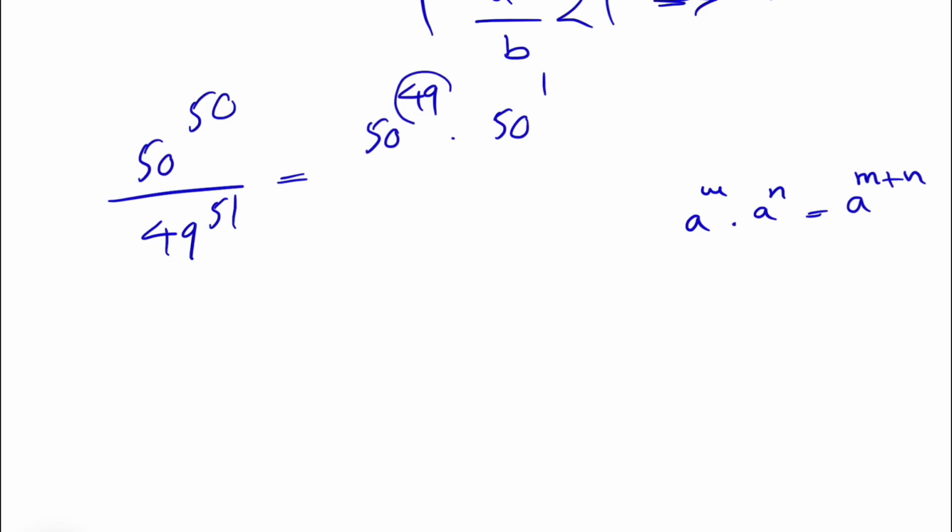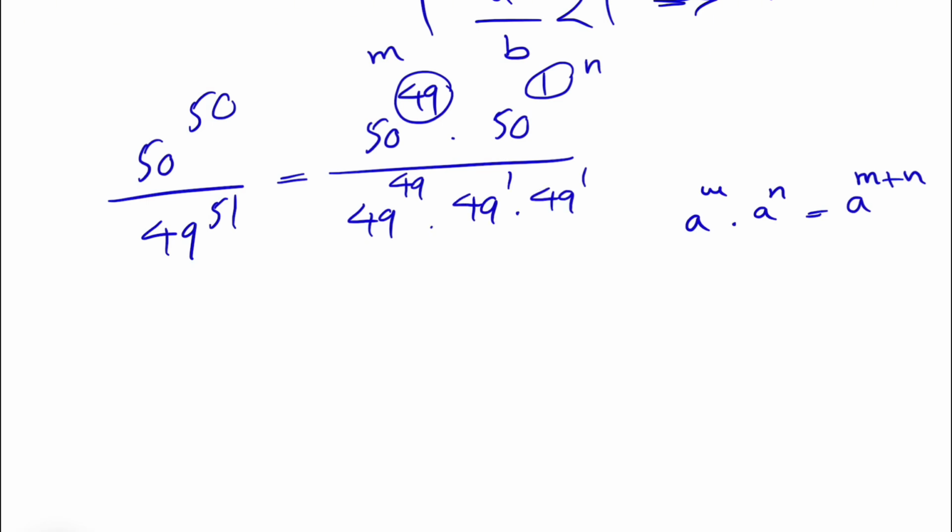This is our m and this is our n. So we'll get 50 to the 50, and we'll do the same thing in the denominator. We're going to do 49 to the power of 49 times 49 in the denominator in order to make that 51.